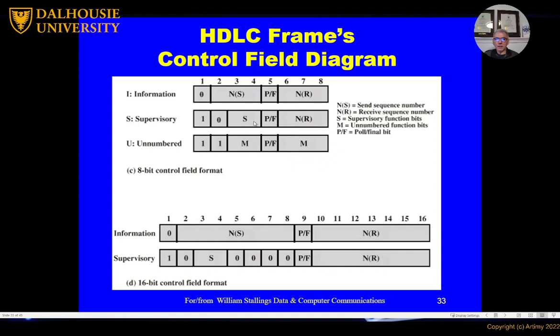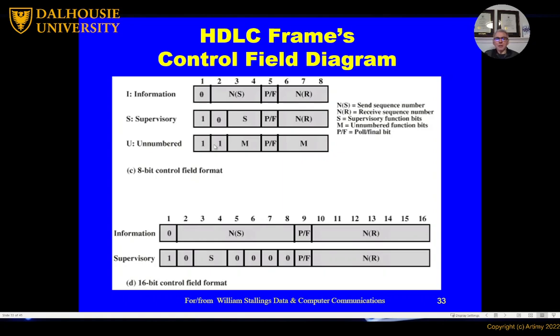And we see here that we have, remember the acknowledgement, they have a number, so that's the NR. And also there are two bits here, 00, 01, 10, 11, so we can represent RR, RNR, selective reject, and reject. Each one of them can be one of these S here. So these are the supervisory function bits.